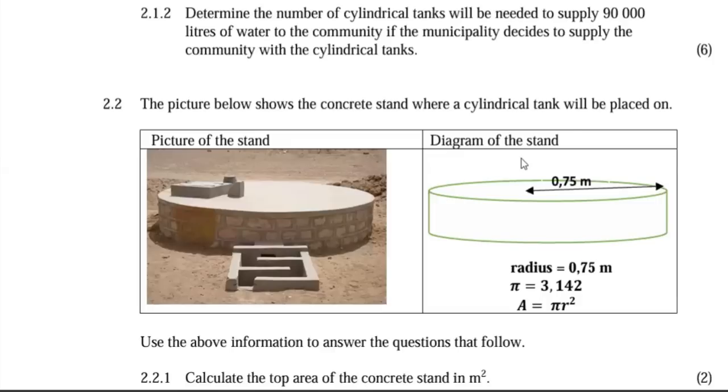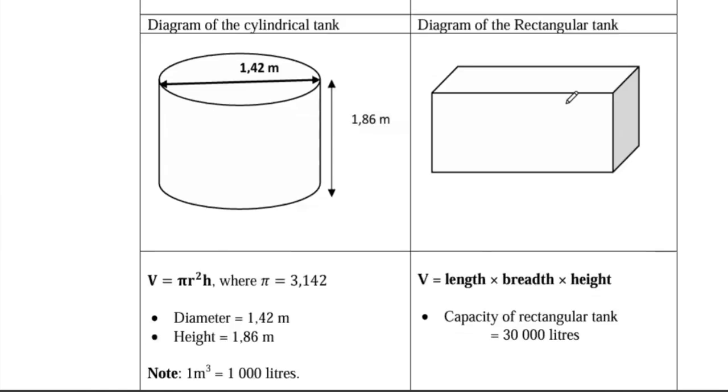What are we going to do here? They're telling us to determine the number of cylindrical tanks. So first and foremost, we need to find the volume of the cylindrical tank. Volume equals pi r squared h. We have our h, we have our pi, the r is missing, so we get it from here.